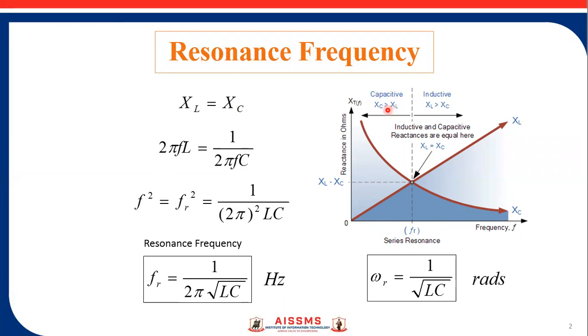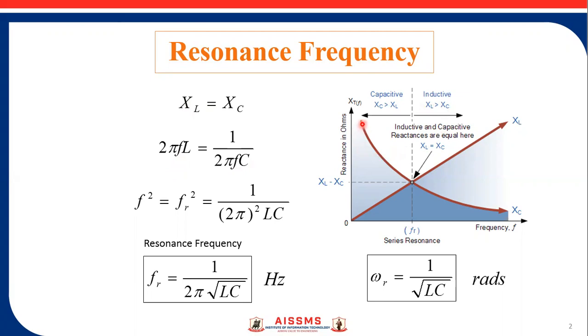So XC is greater here, right? So it is a capacitive circuit. And if the frequency of the circuit is greater than the resonant frequency, the circuit behaves as inductive. If frequency is greater, XL is greater, so it is an inductive type of circuit.